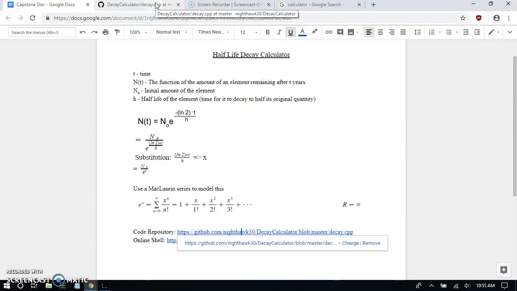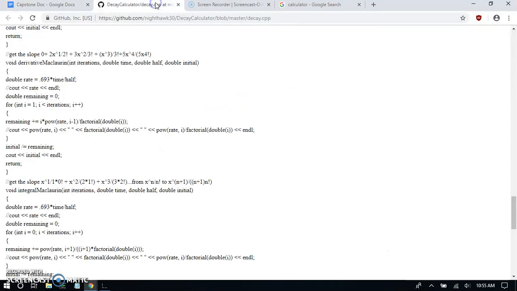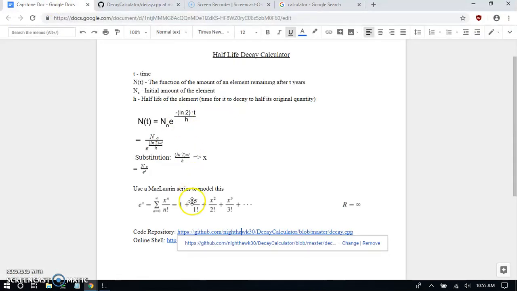I don't know why you'd ever need that, but it's just a demonstration of the mathematics. What that ends up looking like is you start off with 1 plus x over 1 factorial plus x squared over 2 factorial plus x cubed over 3 factorial, etc.